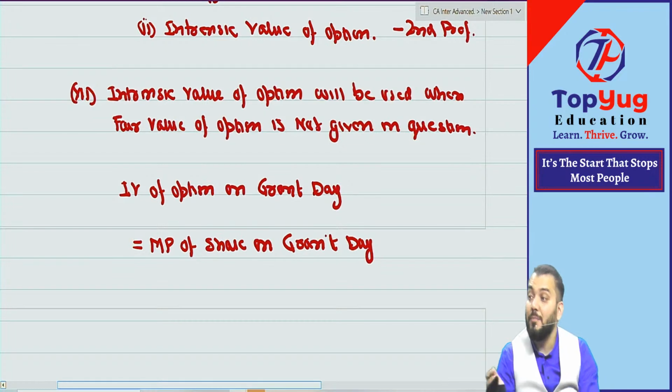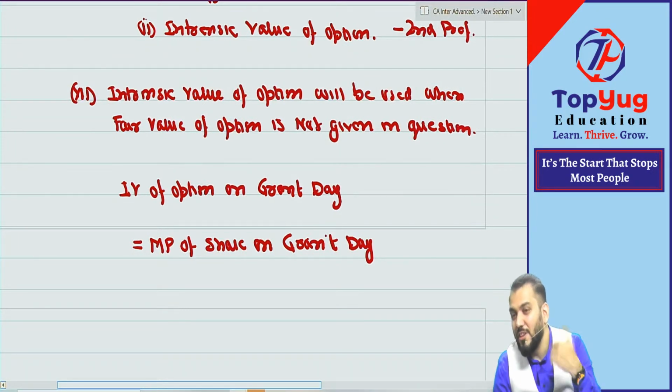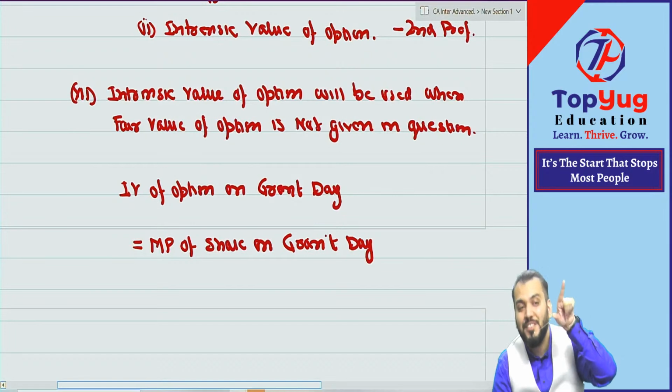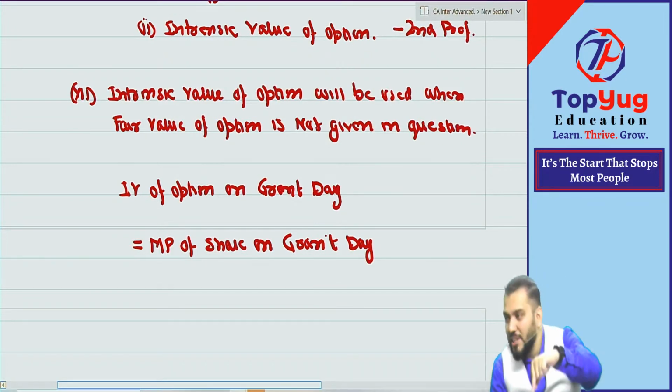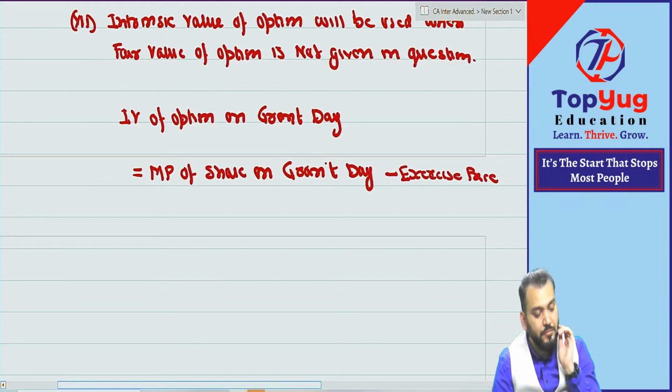Correct now. Market price of shares, intrinsic value of option. Options and shares are different. So we are finding value of option on the basis of value of shares. So market price of shares minus what? Minus exercise price. Got it?